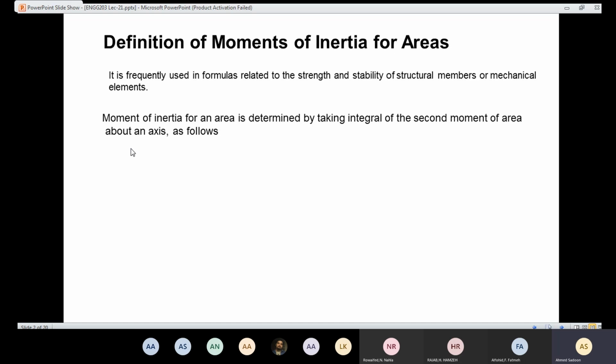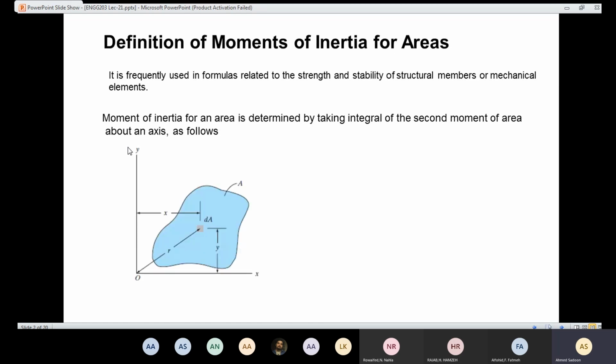For example, here we have axis x and axis y, and here we have an arbitrary area, and it's required to determine the moment of inertia for that area about the x-axis.